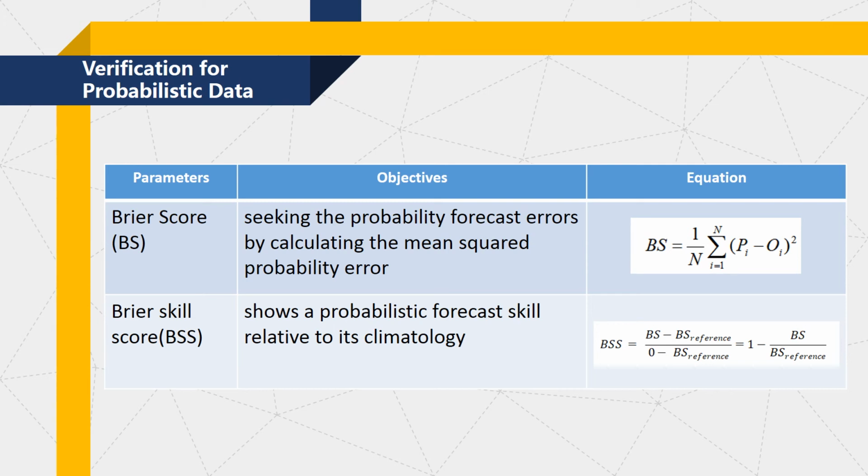And then the second one is the Brier skill score. The Brier skill score shows a probabilistic forecast skill relative to its climatology. The Brier skill score ranges from minus infinity to 1. A zero value indicates that the forecast has no skill when compared to the reference forecast.